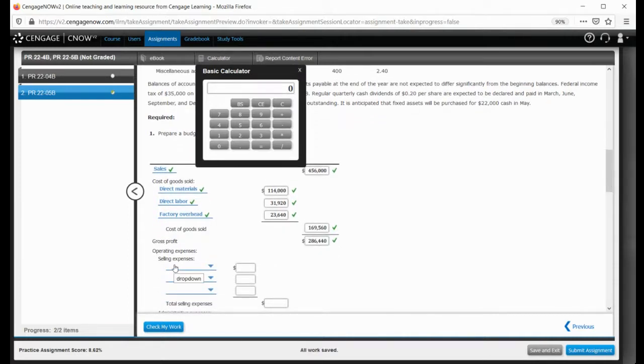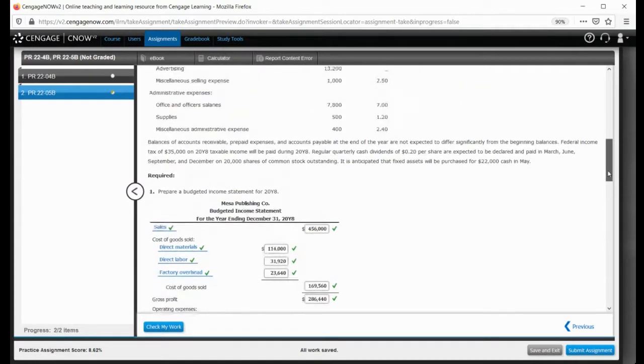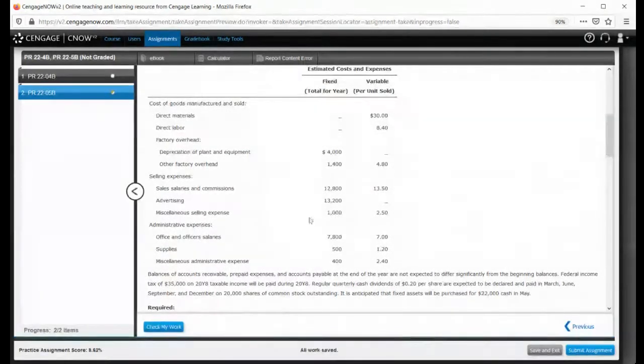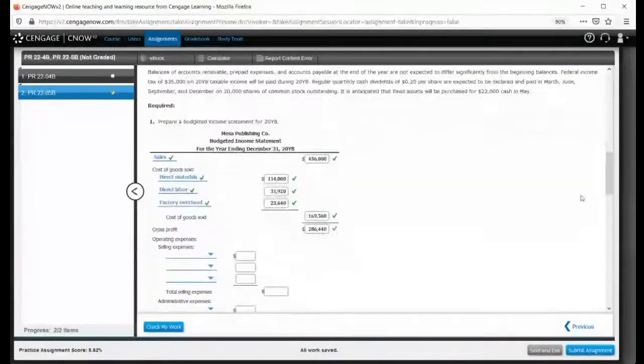Notice they've started with the selling expenses first, so you'll need to determine what your selling expenses are. We're going to back up to our information, and you can see here that our selling expenses consist of your sales salary and commissions, your advertising, and your miscellaneous selling expense.